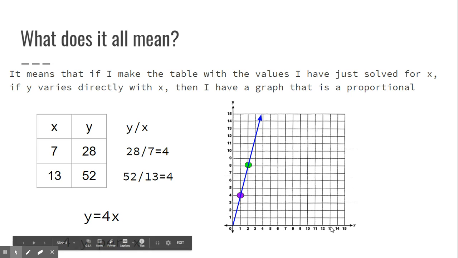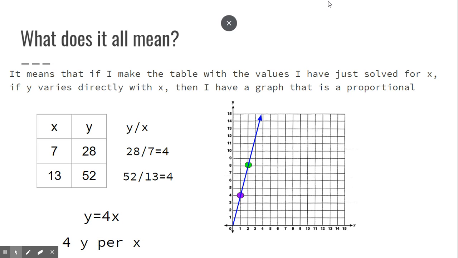And if I go to 13 and go up, that blue line is going to extend all the way up here to 52. So I have 1, 4, 2, 8, 7, 28, 13, and 52 that are all part of that same blue line.